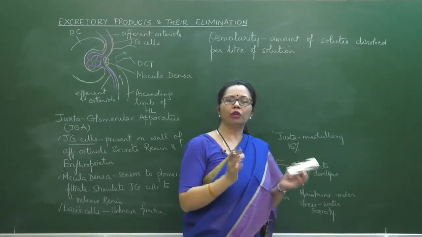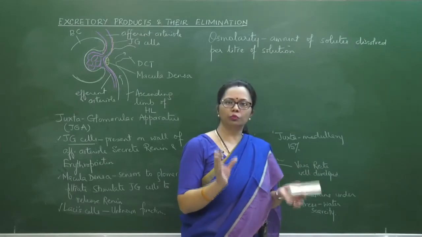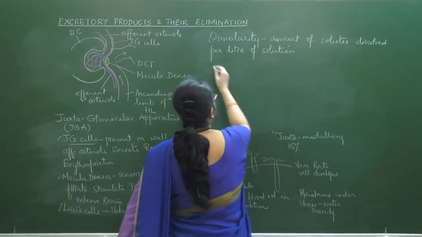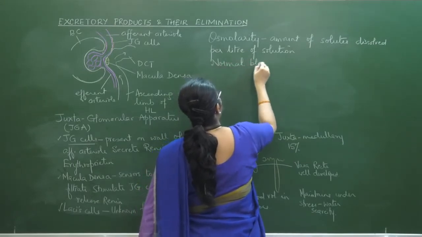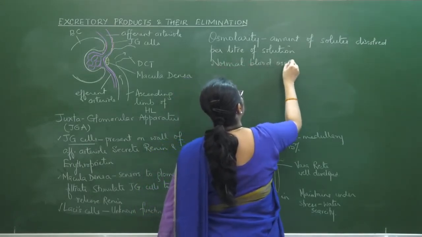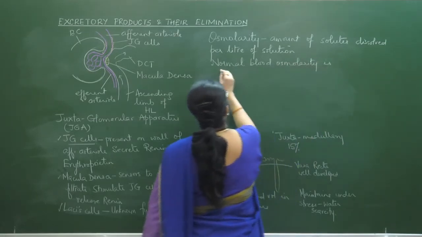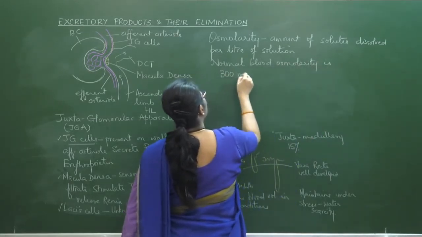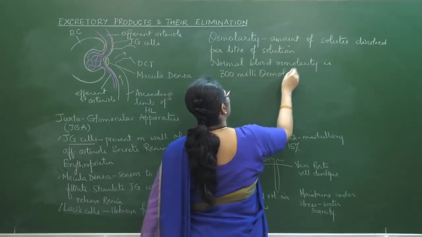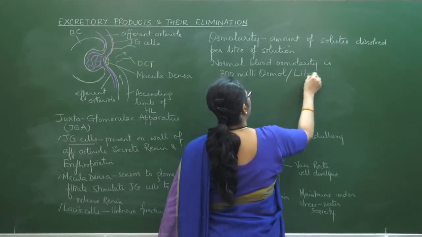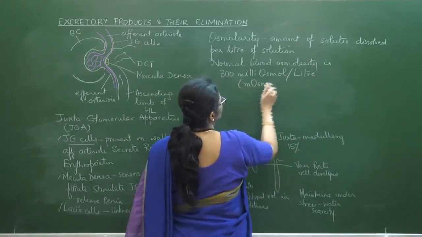Here we measure osmolarity in a unit called milliosmol per liter. So normal blood osmolarity is 300 milliosmol per liter, and we write this as mOsm per liter, with the O capital.